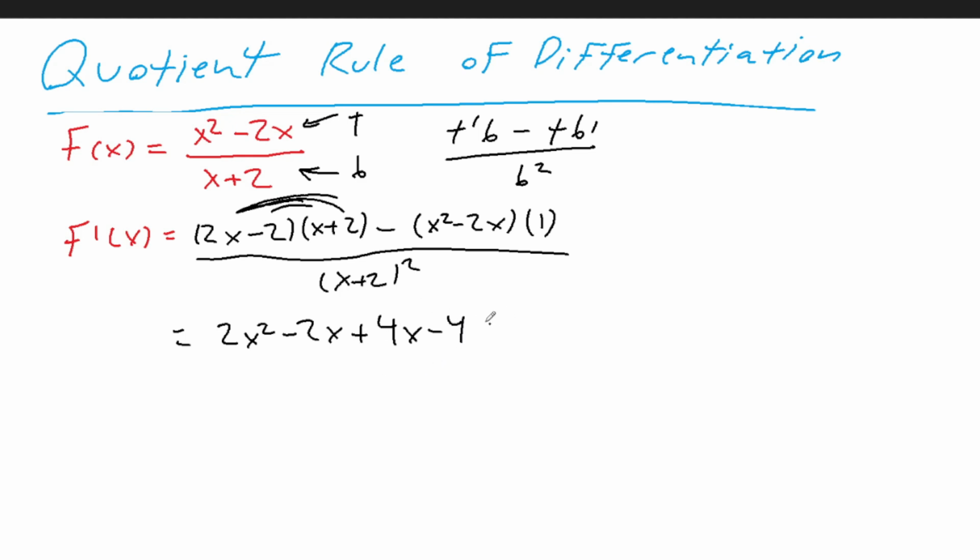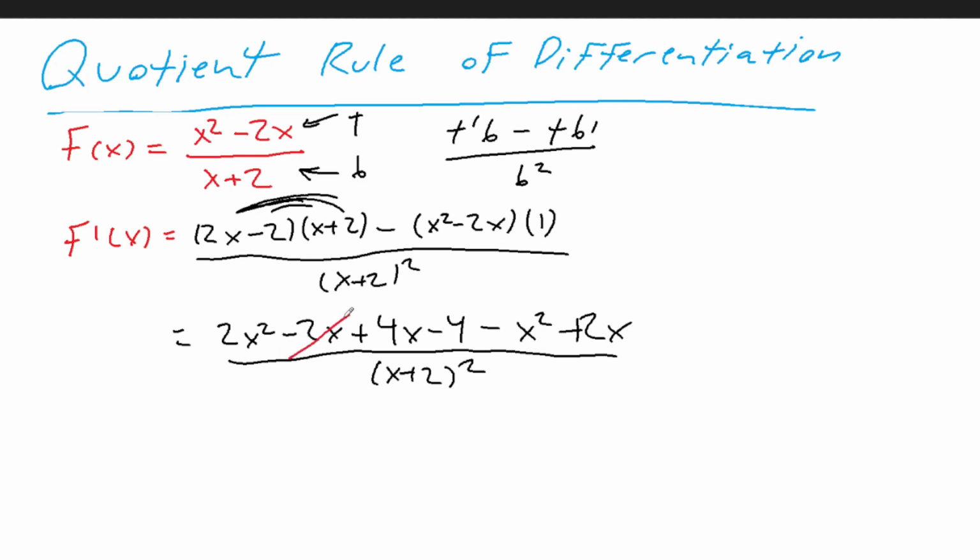And then over here we have minus x squared minus 2x, and then it's all over x plus 2 squared. Then we can look back at the top for anything we can cancel. So we have minus 2x, and this should be plus 2x, right? Because minus negative.